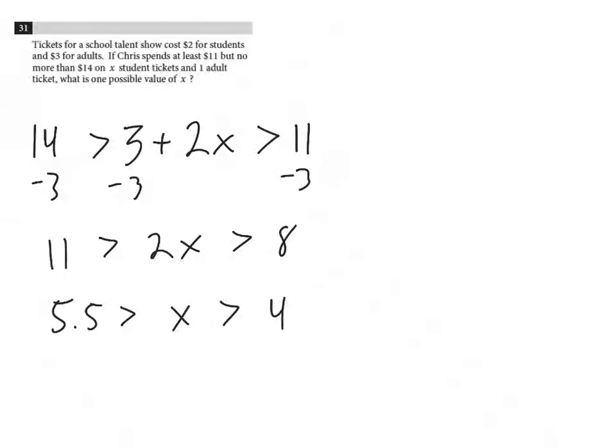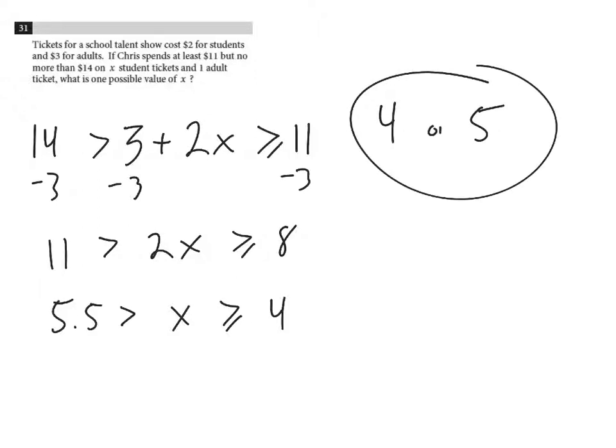So at least, so this needs to be like so. So we could have 4, x could be 4 or 5. Okay, all right, moving on.